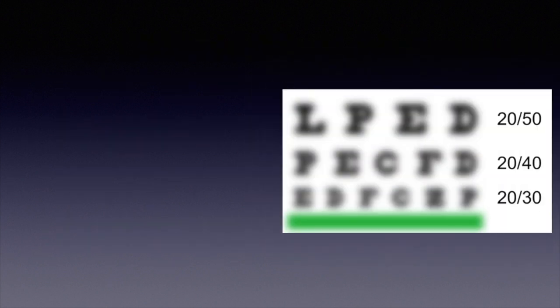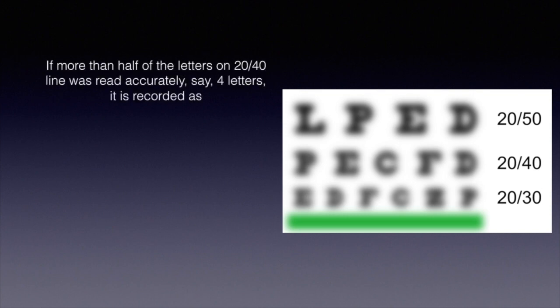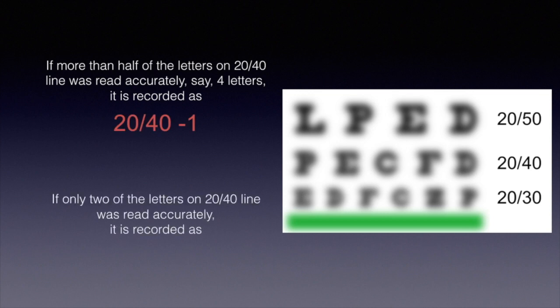For example, if more than half of the letters or optotypes on 20/40 was accurately read, it is recorded as such. If less than half of the letters was accurately read on the 20/40 line, for example, only 2 letters, we record it as 20/50 plus 2.